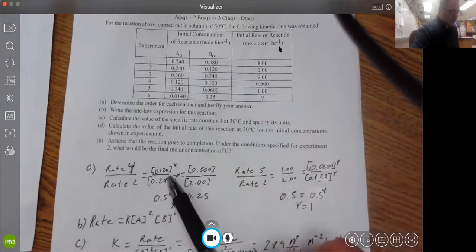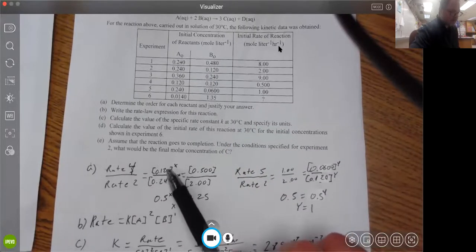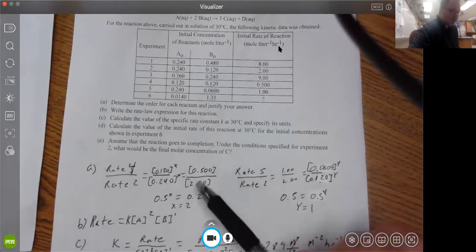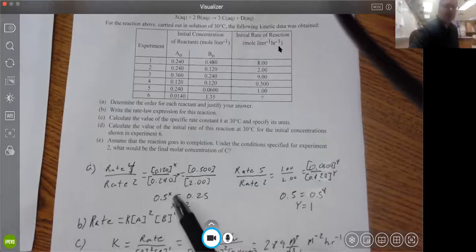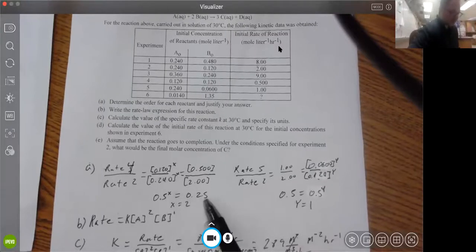And then you divide trial 4 by trial 2. You do the same for the rates of reaction, and then you get 0.5 to the x equals 0.25.